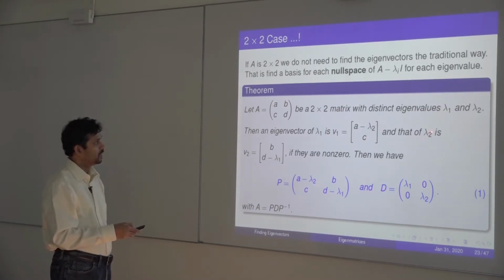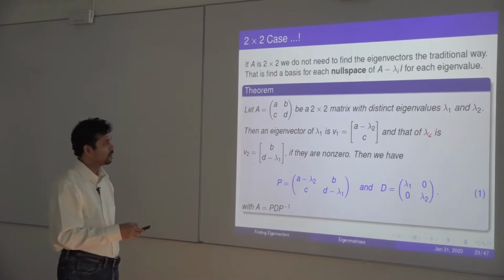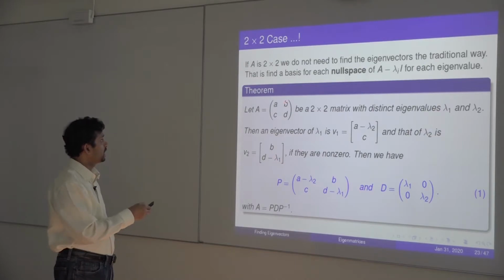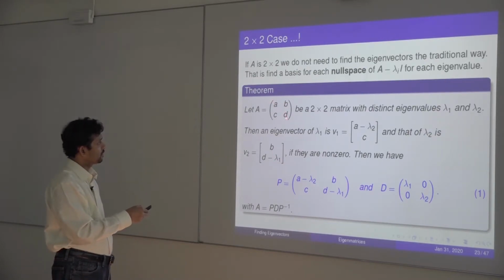Similarly, to find the eigenvector for lambda 2, you subtract lambda 1 from the diagonal entry of the other one.